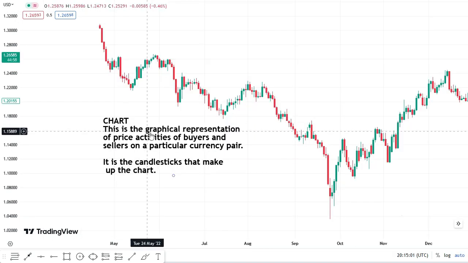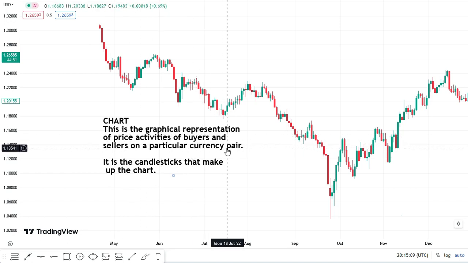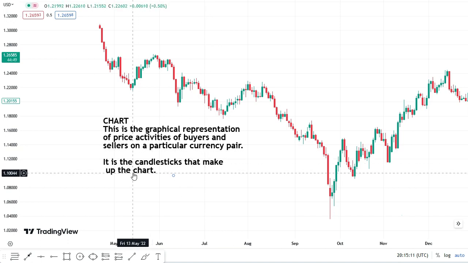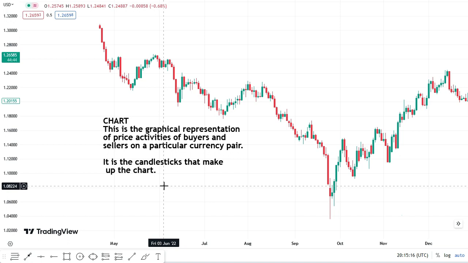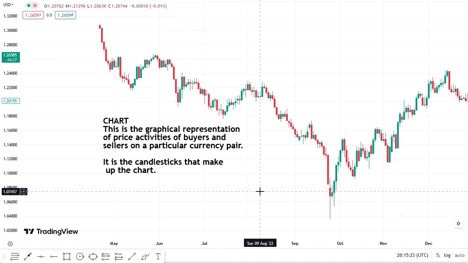Chart. The chart is the graphical representation of price activities of buyers and sellers on a particular currency pair. It is the candlesticks that make up the chart. Just like I told you, the market price creates the candlesticks. So here now, it is the candlesticks that make up the chart, and that chart you see is the graphical representation of the price activities of buyers and sellers on a particular currency pair.